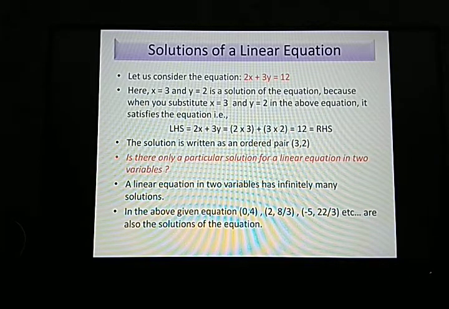These are also solutions of the given linear equation. And I have written etc. there because there are infinitely many. If we go on finding, it will take an infinite period of time to find all these solutions.